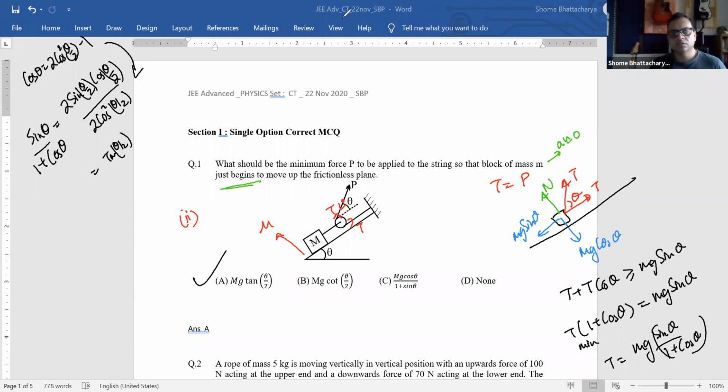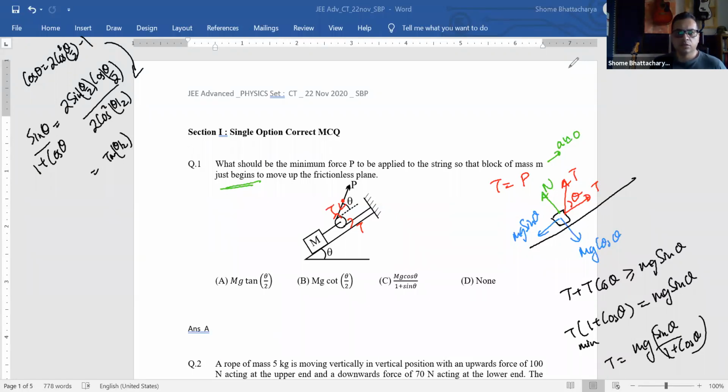Okay, so hope this is clear. Okay, so I'm removing the drawing now. Hope all of you are clear with the free body diagram.